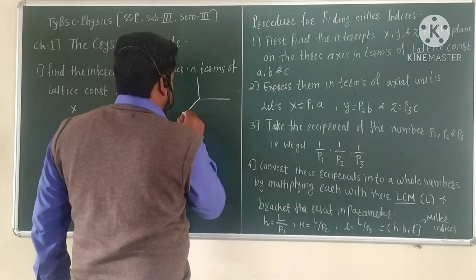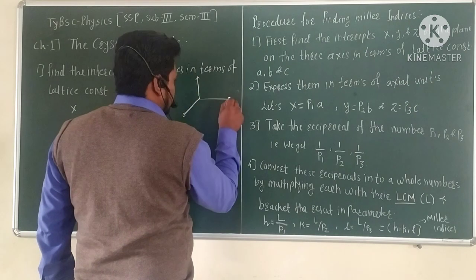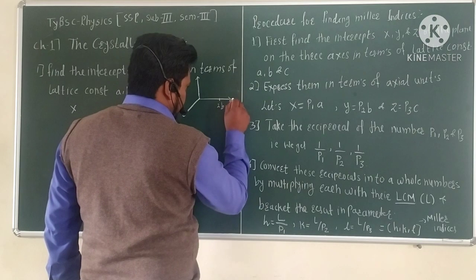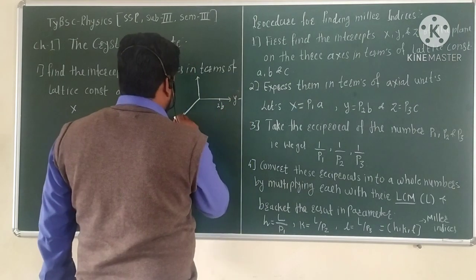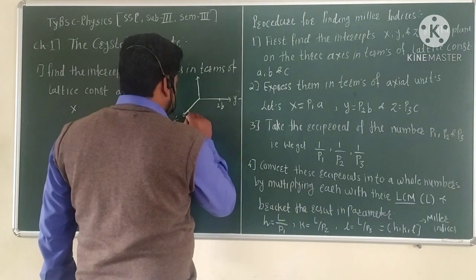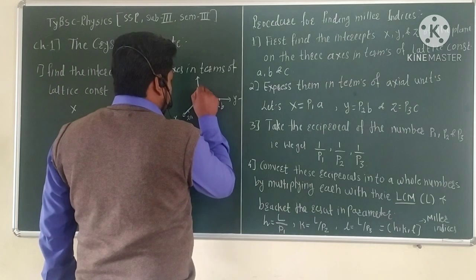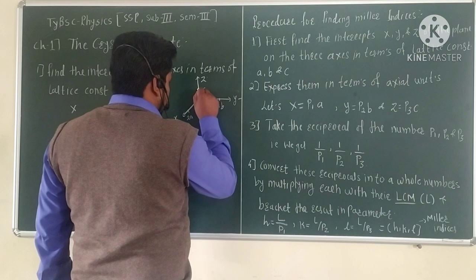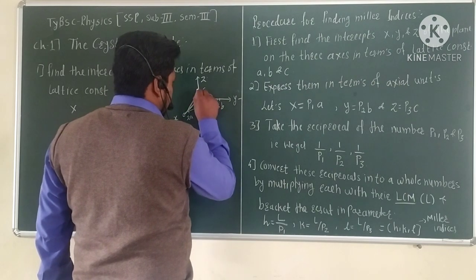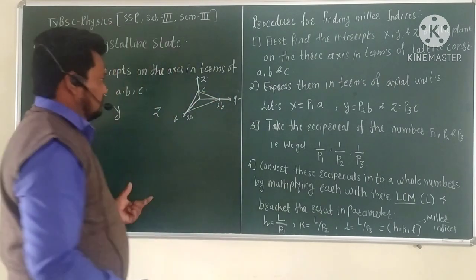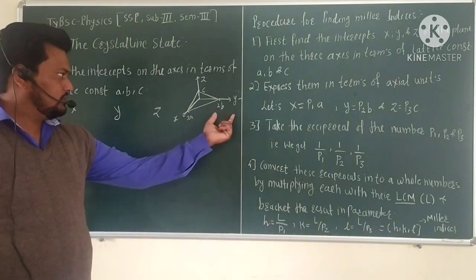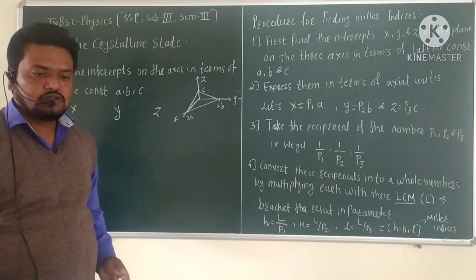In the last figure, we consider 2b on the y axis, and the x axis unit is considered as 2a, and the z axis unit is considered as c. This is the type of figure we have to see: on the x axis 2 units, on the y axis 2 units, on the z axis 1 unit.